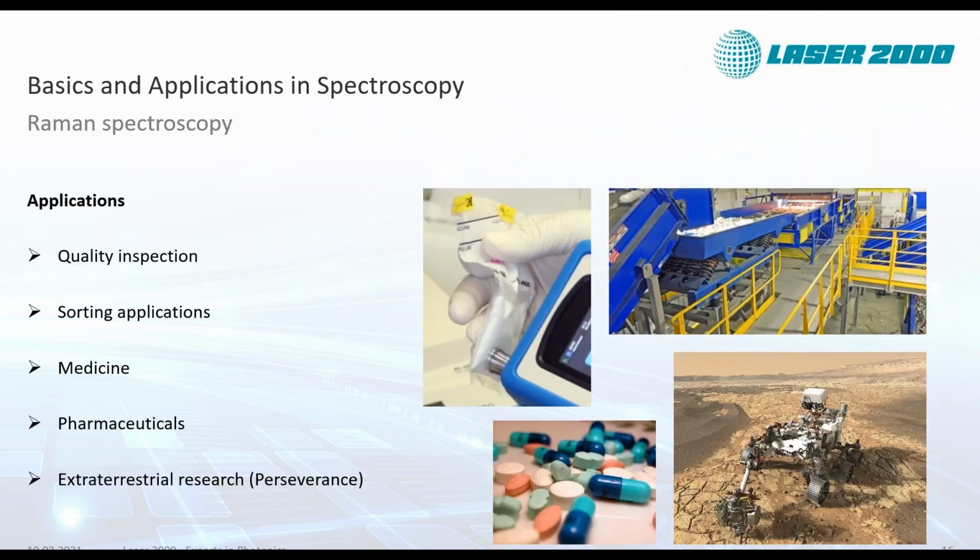Applications for Raman spectroscopy are manifold, like of course lab-related or production-related quality inspection, as well as hazardous materials, or sometimes even drug control, let's say at airports with some kind of handheld device. There are also sorting applications that rely on Raman spectroscopy, especially when you think of plastic waste.